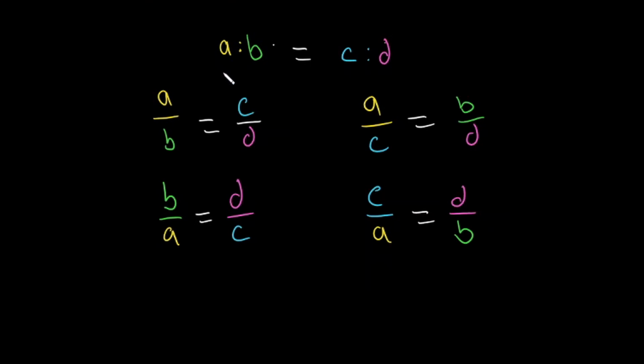A proportion can be written in all of these different ways. You just choose which one you need for the problem that you're trying to solve, which one will make it easiest, and that's how you set it up.